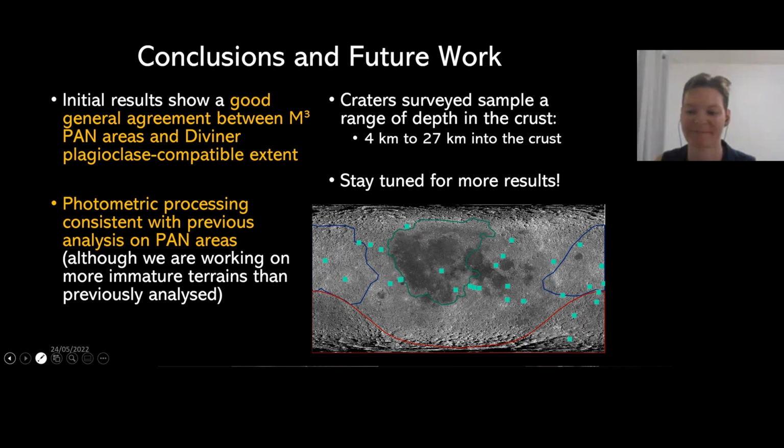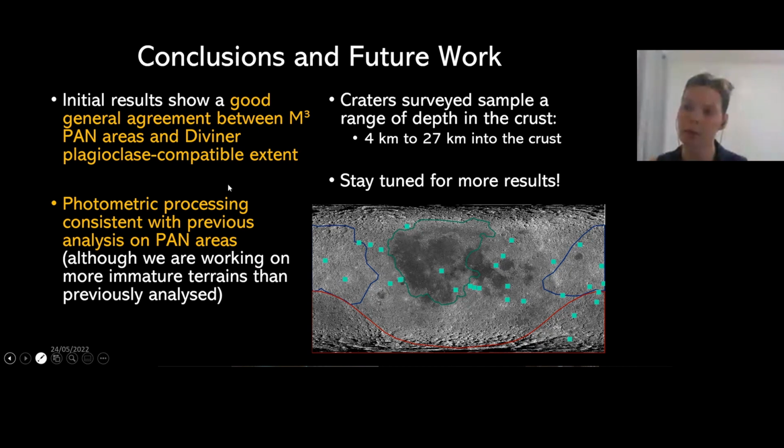If I'm not wrong, Mélissa, I think I remember that Proclus crater was interpreted to have brought deeper seated crustal material to the surface. Is that consistent with what you're seeing in the spectra? So we see very wide areas of beautiful pure crystalline plagioclase spectra.